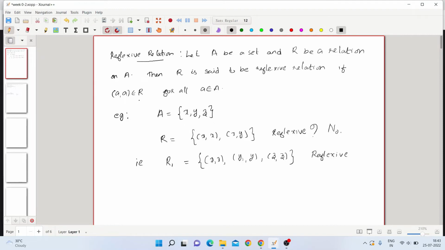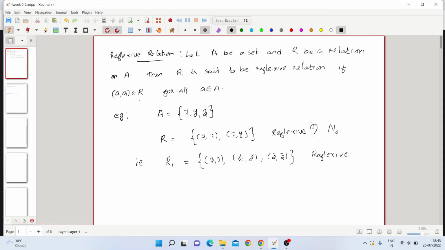Now we will see what a symmetric relation means. Here also we have a set A and a relation R on A. Again, R is a subset of A cross A. When will it be said to be symmetric?